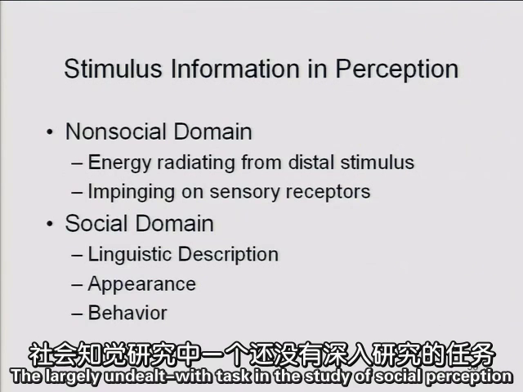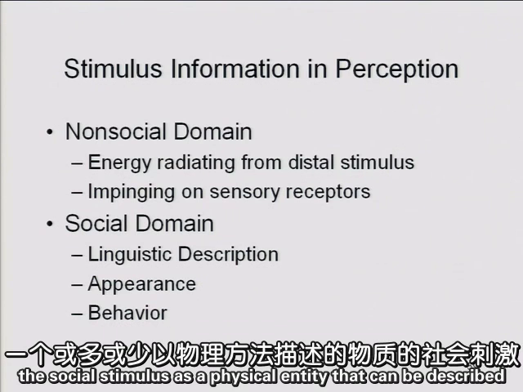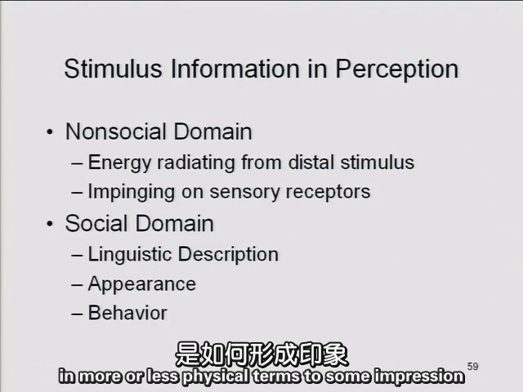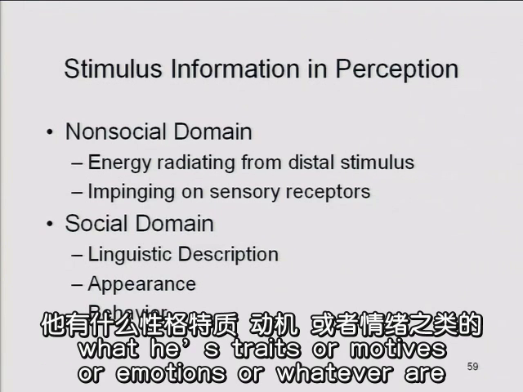The largely undealt with task in the study of social perception is trying to figure out how we get from the physical social stimulus, which can be described in more or less physical terms, to some impression, an internal mental representation of what that person is like as a person, what his traits or motives or emotions or whatever are.